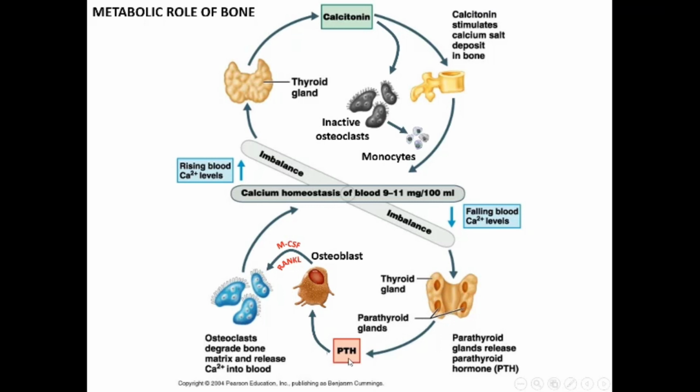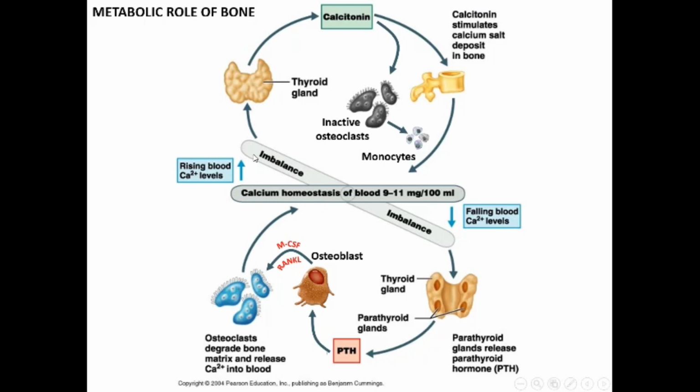Then this gland produces a hormone called PTH, parathyroid hormone. PTH has a receptor on osteoblast. It affects osteoblast, then osteoblast produces two factors and makes osteoclast. Osteoclast destroys, resorbs the bone and releases the calcium and phosphate into the blood, and you can see the calcium range back to normal.